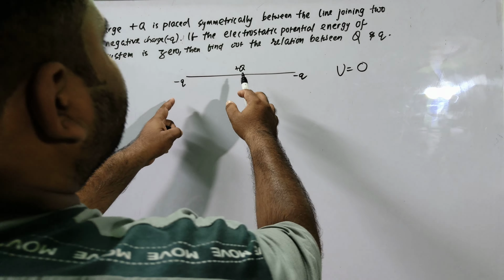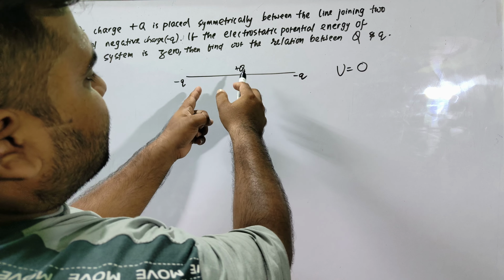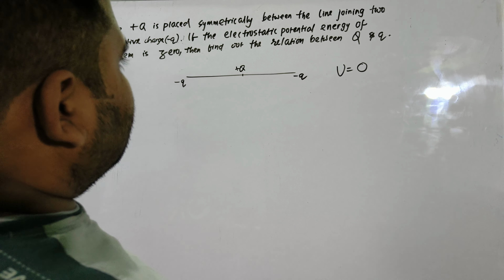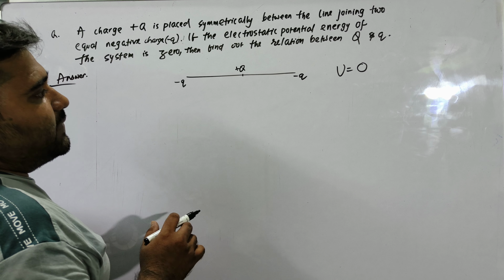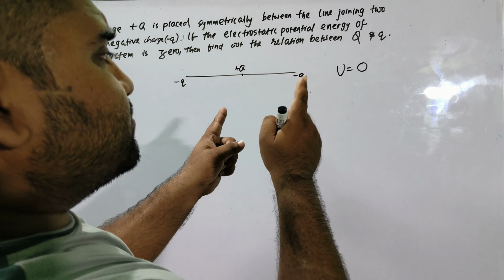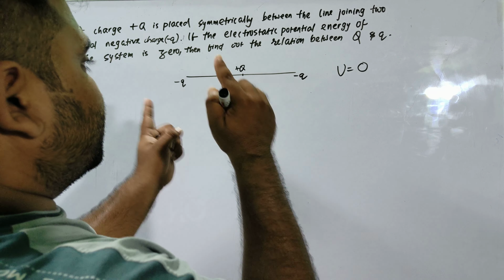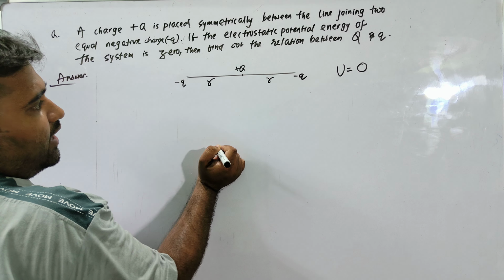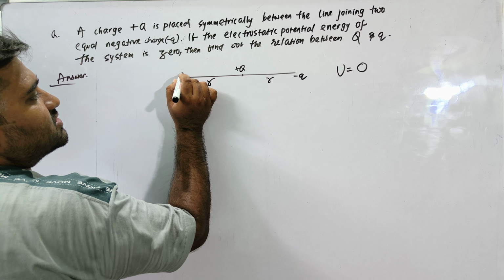So how are you going to find the relation between Q and small q? First of all, you have to keep in mind that Q is placed symmetrically in between those two charges. That means if this distance is R, then this distance is also R. Now just name them.